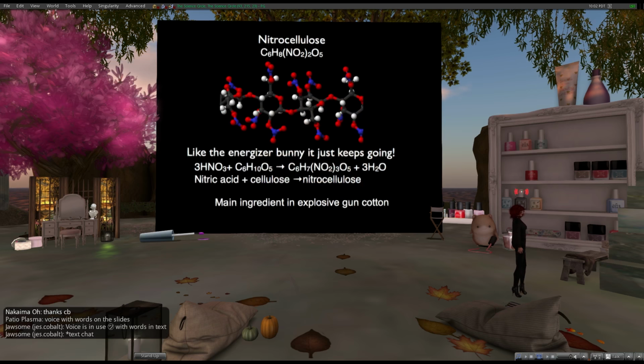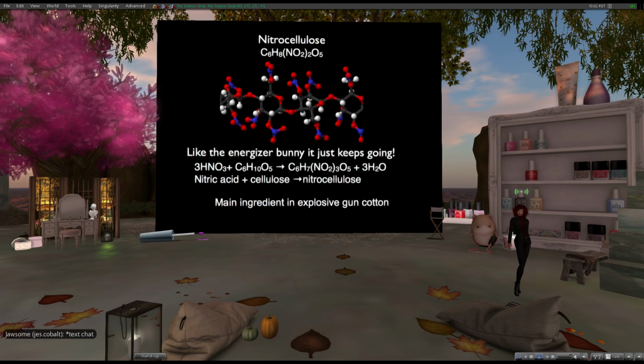So here's a little look at the nitrocellulose molecule. It is a long chain molecule. These monomer parts of it link together. And of course, cellulose is the main ingredient in plants, like cotton. It can then be combined with nitric acid, and the nitric acid results in a combination called nitrocellulose.